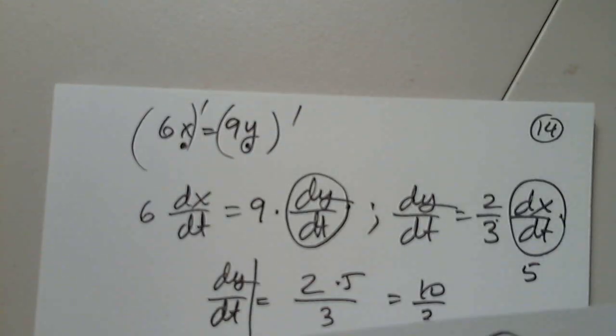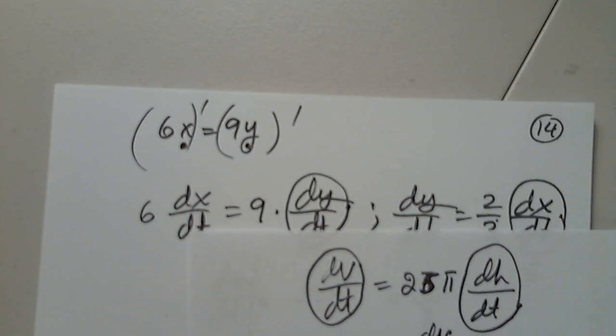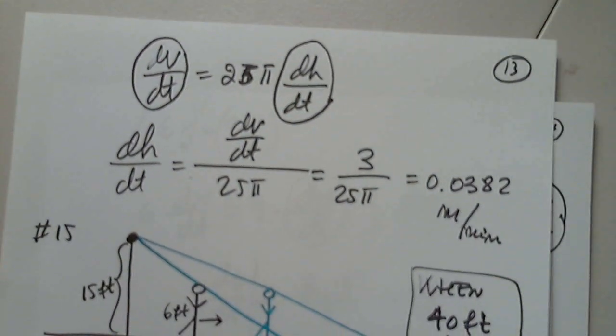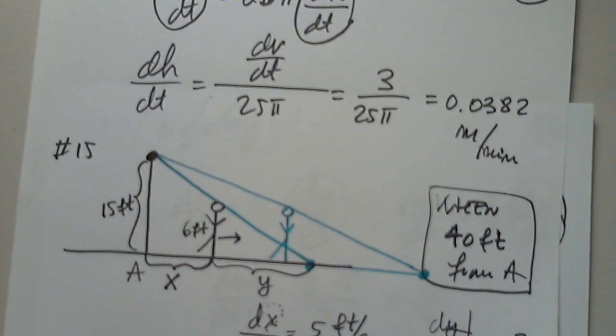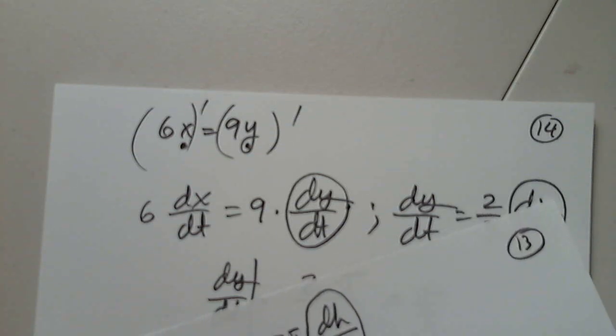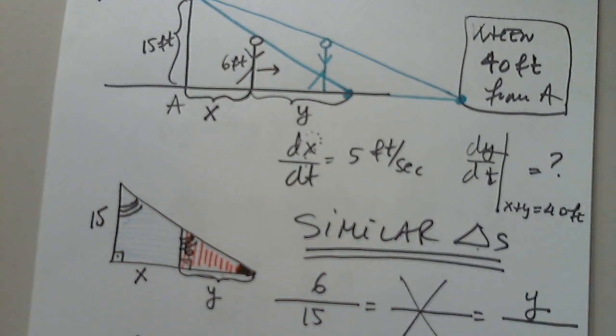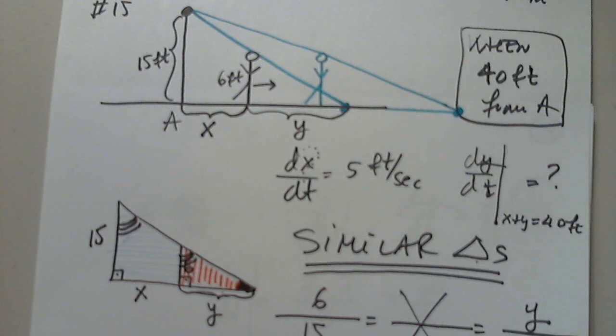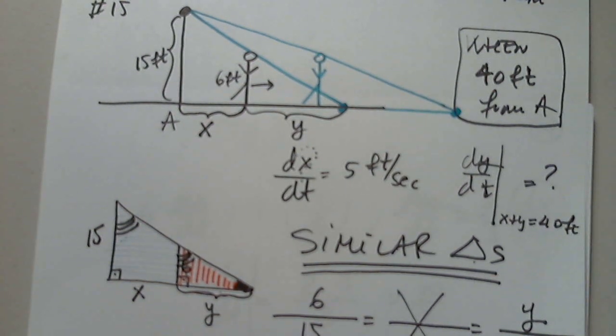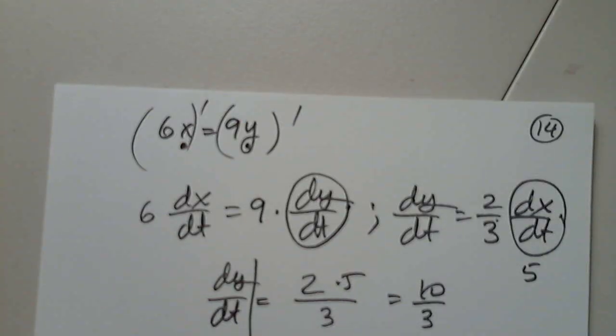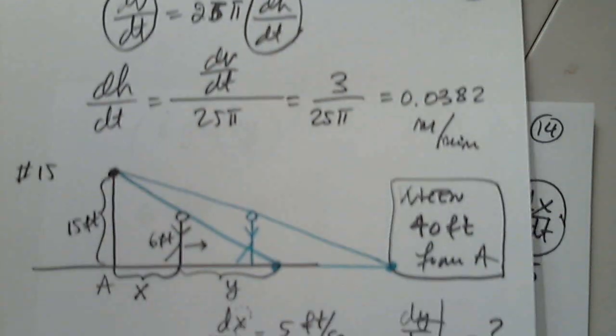When x, so why are they giving us 40? Is it kind of like the dy is like the rate of the shadow, like as it increases, right?